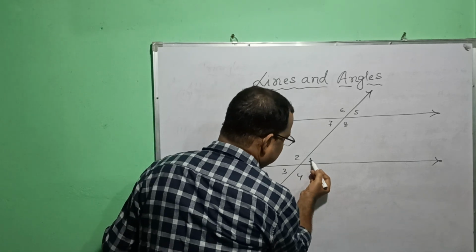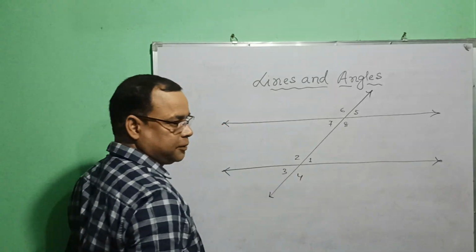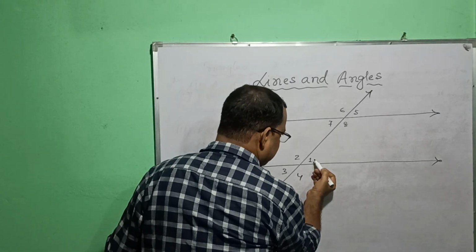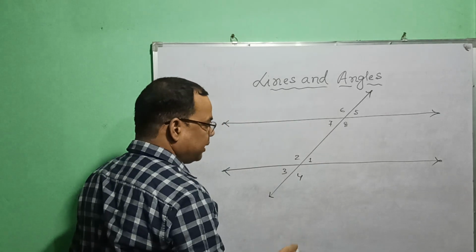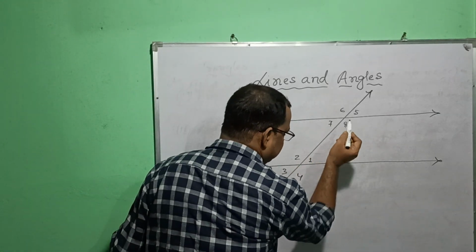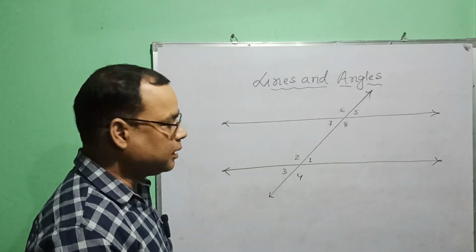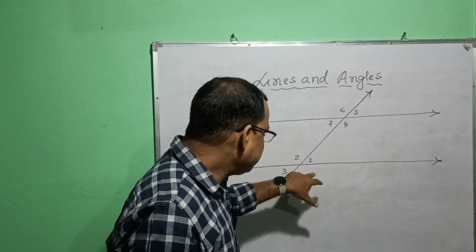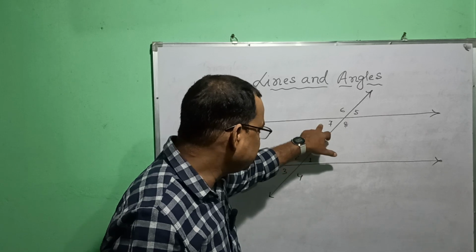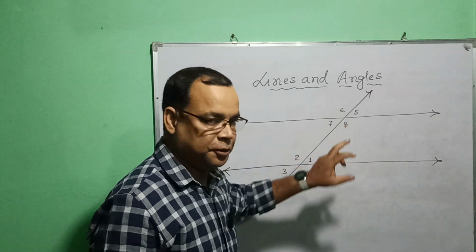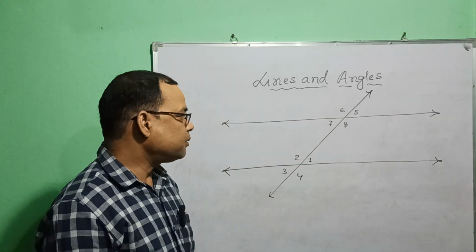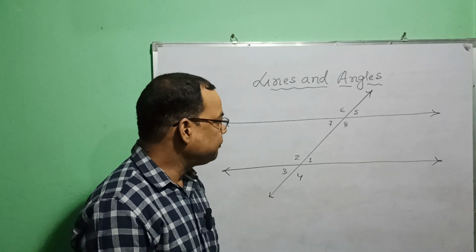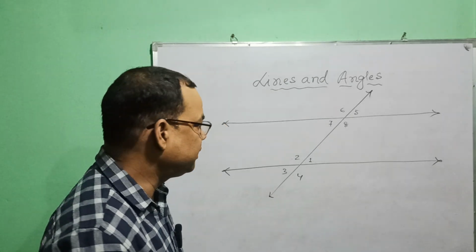That's why they are called interior opposite angles or alternate interior angles. So alternate interior angles are 1, 7 and in the similar way 2 and 8. So these two pairs are alternate interior angles. Now another two pair is there which are alternate exterior angle.